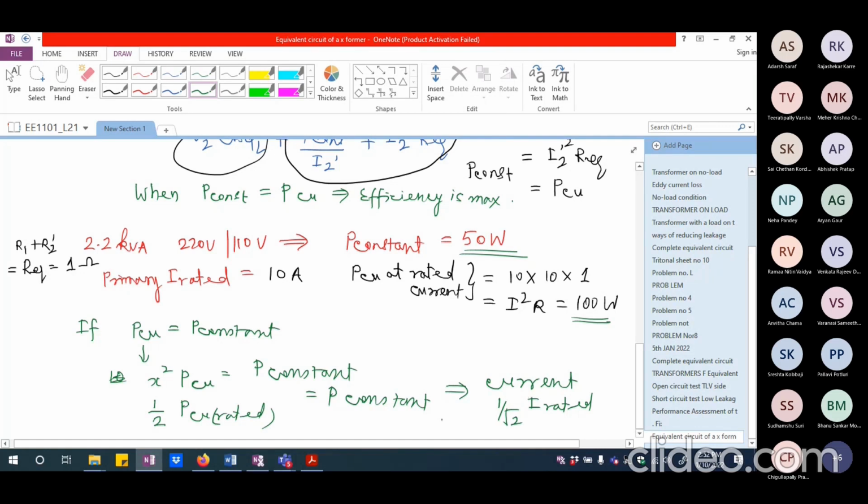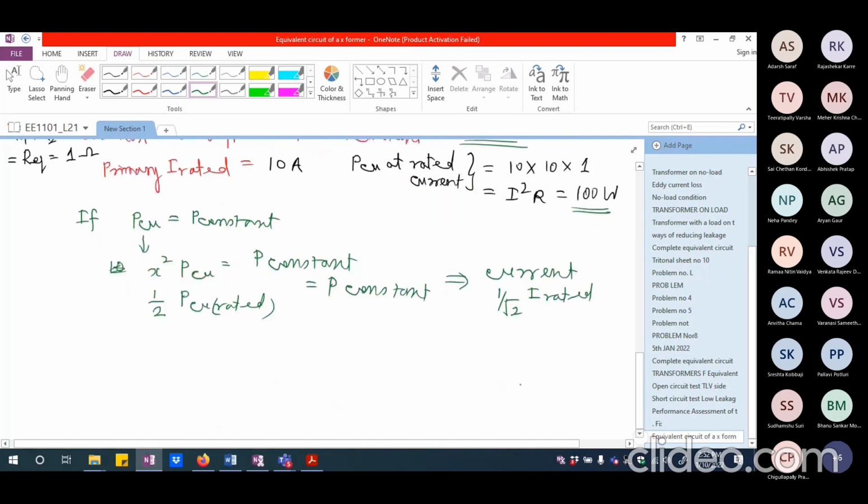So at 1 by root 2 times rated kVA or rated current, we are going to have maximum efficiency occurring for the transformer.